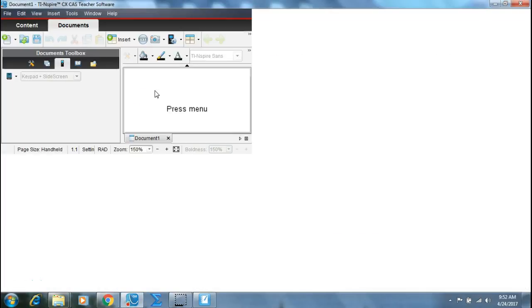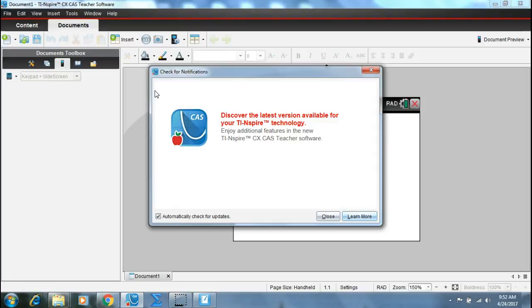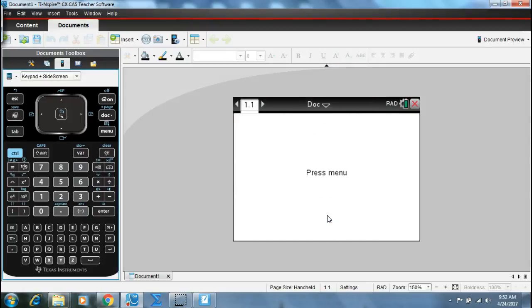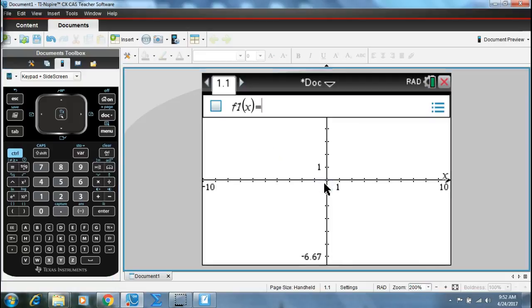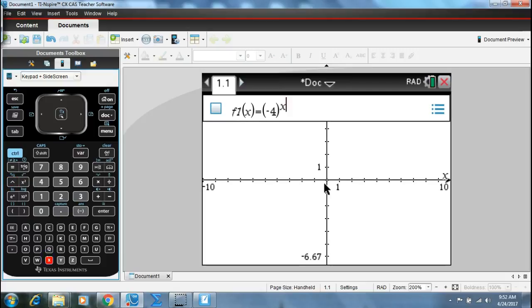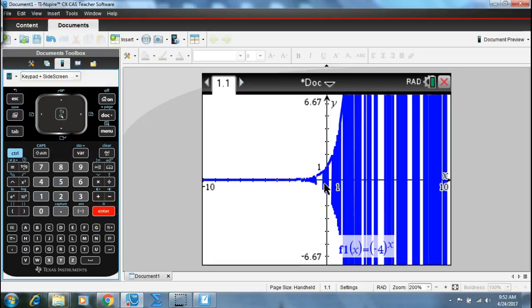I want to go 200, because it makes it nice and pretty, and I want to add a graph. Jacob, you said negative 4 to the x power, correct? Ready for it? Whoa is right.